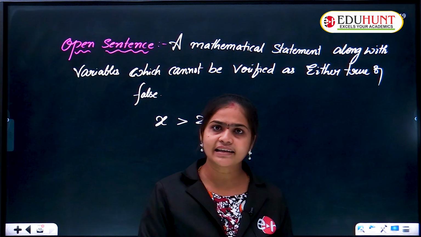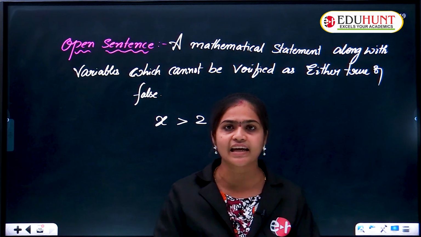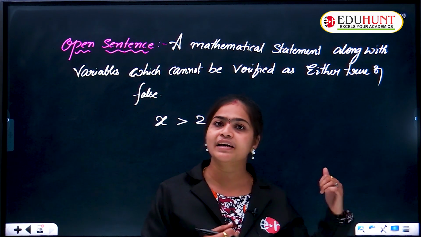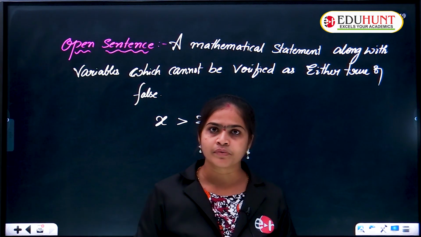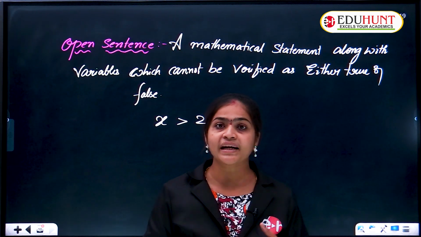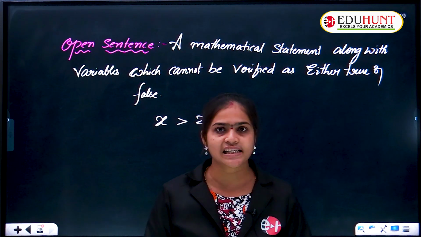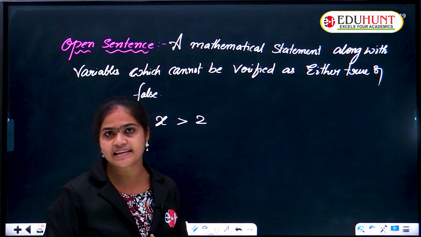In such cases it is either a true statement or a false statement, but exactly we cannot say which. For example, I am taking x is equal to 100. You may take x is equal to some 1000. In my case it is true, in your case it is false. But exactly we cannot say it is either true or false. Here we cannot judge it. Such kind of sentences are called open sentences.